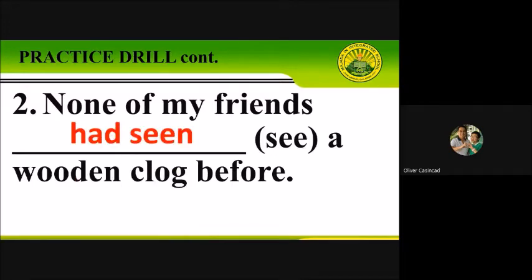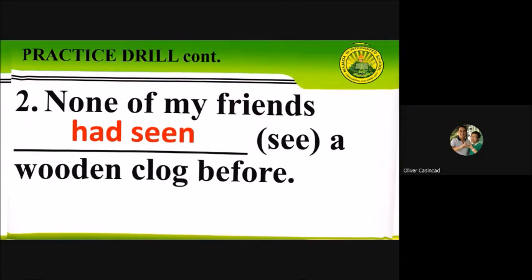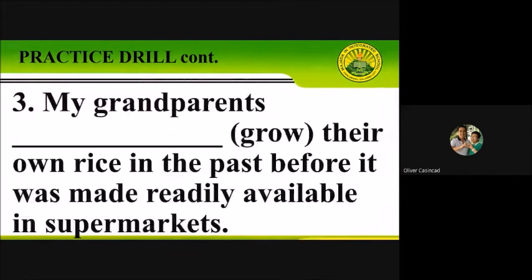The answer is had seen. Seen is the past participle form of see. Next. The past perfect form of grow is had grown.